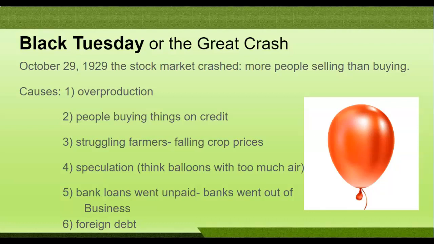But again, during this time, people start to lose jobs, and they can't pay back the companies or the banks or whatever. So this becomes a problem. Something else that happens is farmers are struggling, right? Crop prices are falling, and so the poor farmers can't make any money.